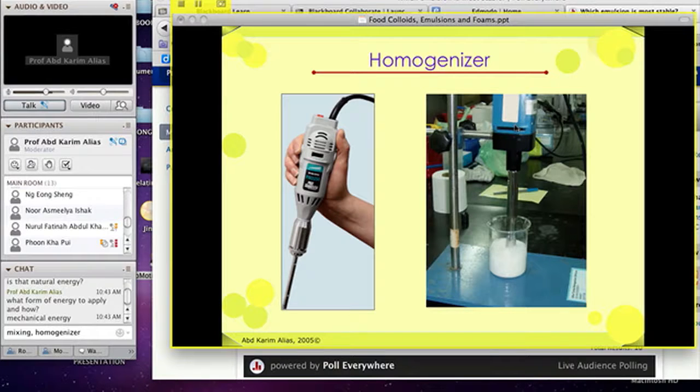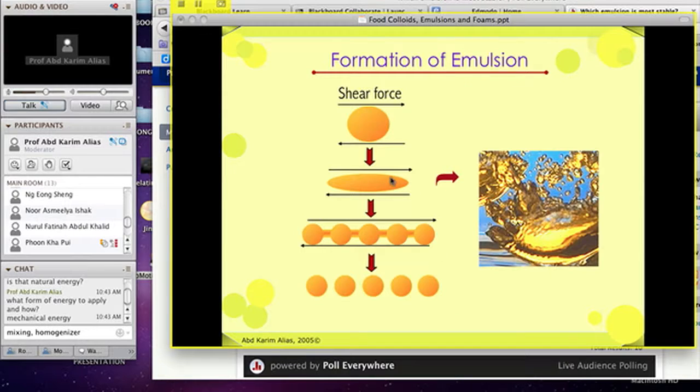You can hold this by hand, or fix it to a stand like this, and you can form the emulsion very easily this way. Basically, the homogenizer or high-speed mixer applies a very high shear force and disperses the liquid into another liquid. The high shearing force will break up the droplet into smaller ones like this.